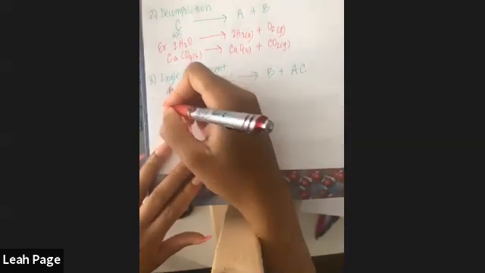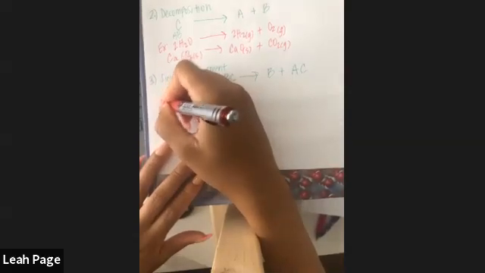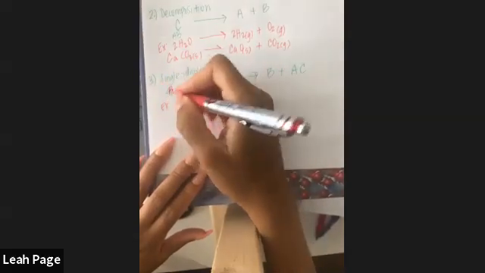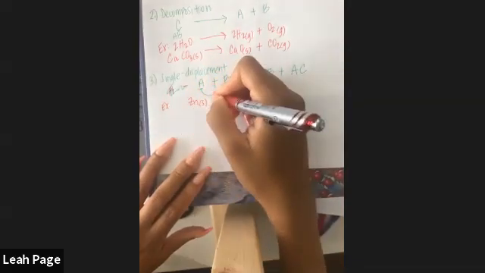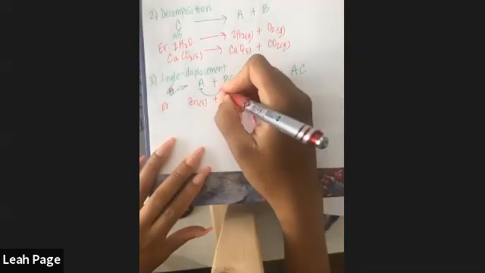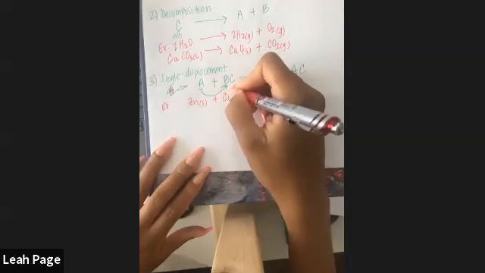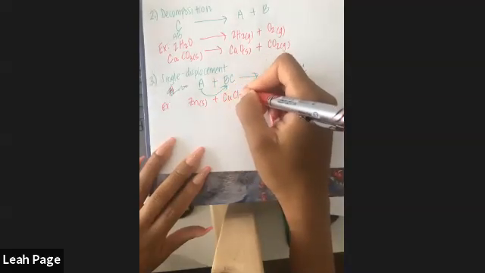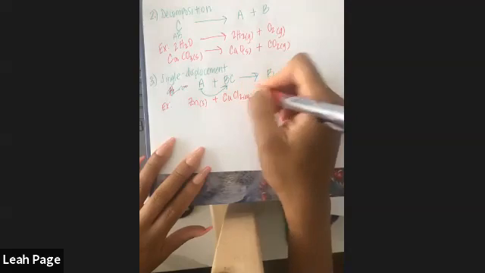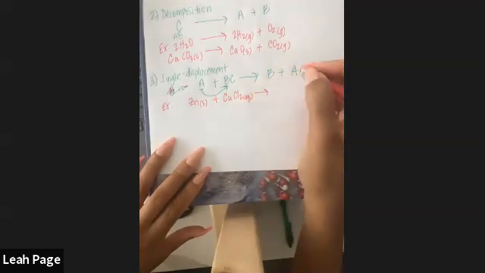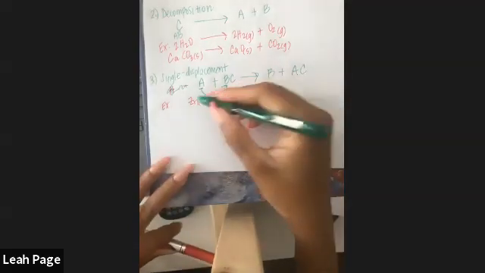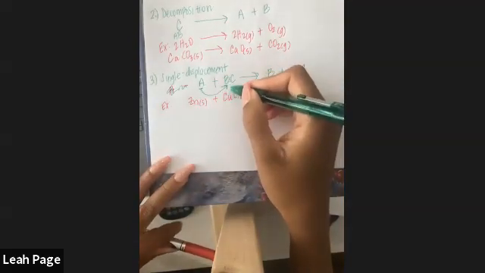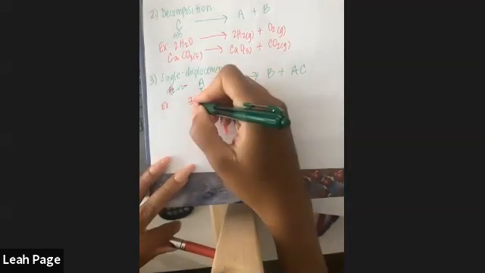And an example of this type of reaction is like saying I have solid zinc plus copper II chloride. In this case, zinc is my A, my B is the copper, and my C is the chloride.